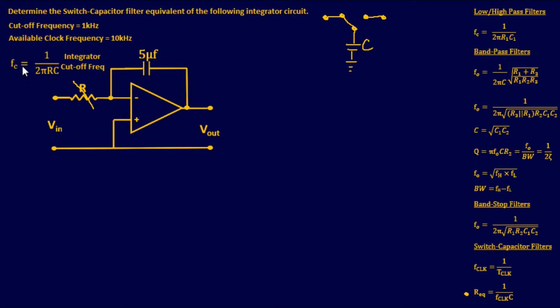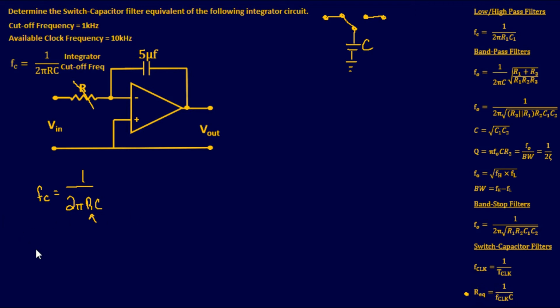I can see that my cutoff frequency is f of c, and it's 1 over 2 pi RC. And this was given to us in one of our textbooks. This is where the equation came from. Now I want to replace this resistor right here with this particular circuit. And the way I can do that is by using this equation right down here.